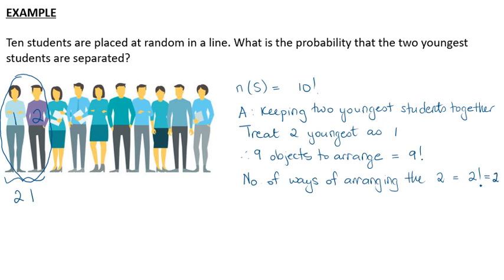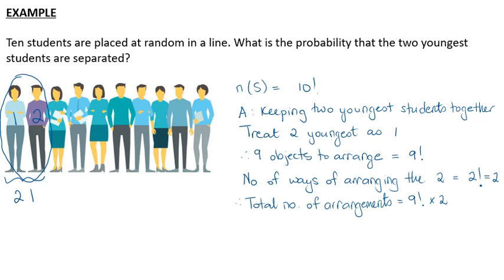Good. So total number of ways or total number of arrangements, we're going to multiply 9 factorial times 2. All right, it's an and situation.